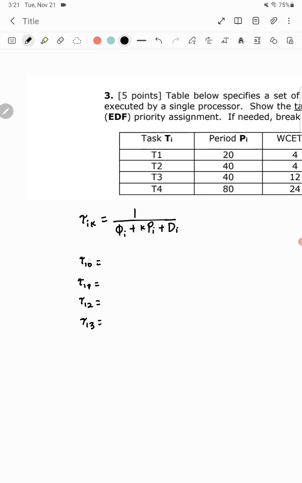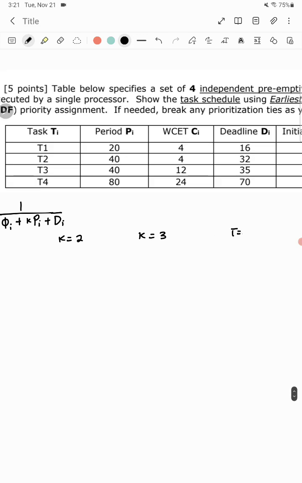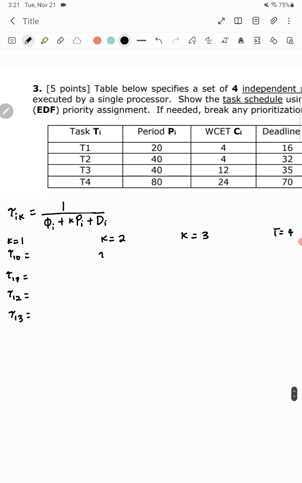This is all for k equal to 1 values, this is for k equal to 2 values, k equal to 3 values, and also k equal to 4 values. Okay, so this is 2 0, 2 1. For the sake of time, I'm just going to run through the first one.